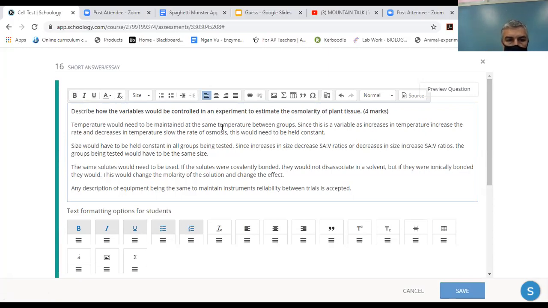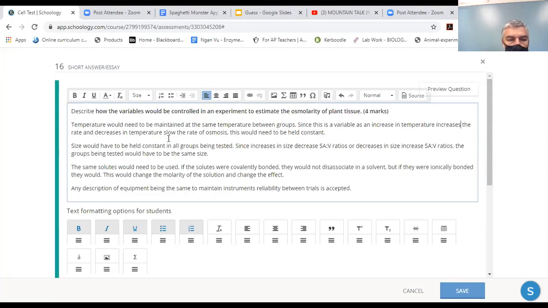Temperature would need to be maintained at the same temperature between groups, since this is a variable that matters: an increase in temperature increases the rate and a decrease in temperature slows the rate of diffusion or osmosis, so this would need to be held constant.